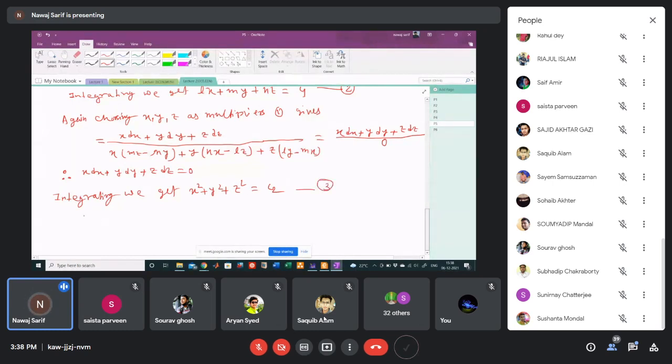Therefore the general solution is phi of (lx plus my plus nz, x square plus y square plus z square) equals 0. This is the required solution.